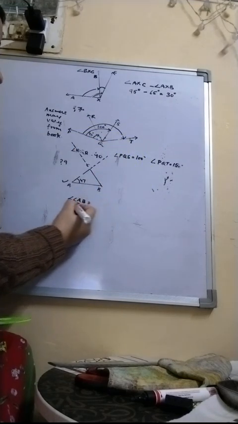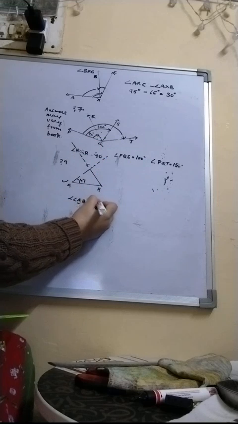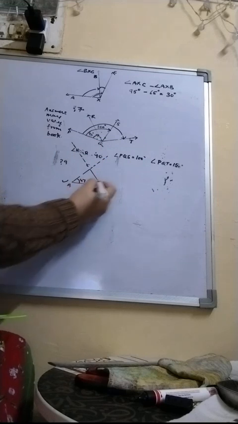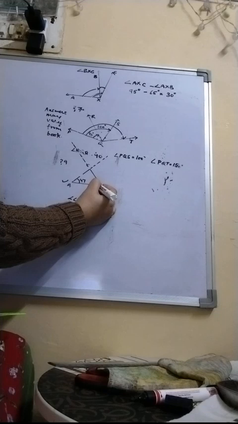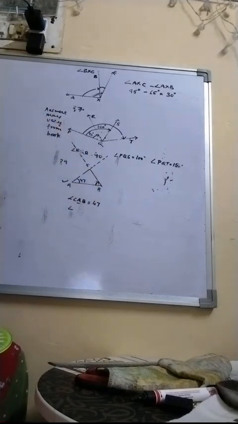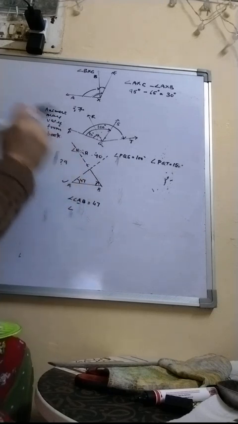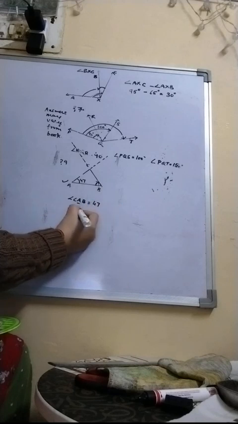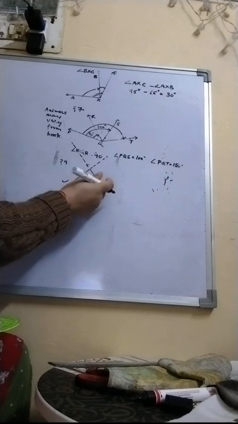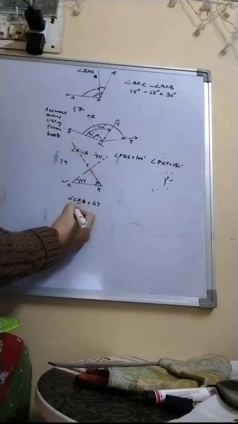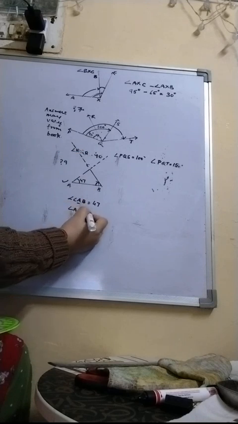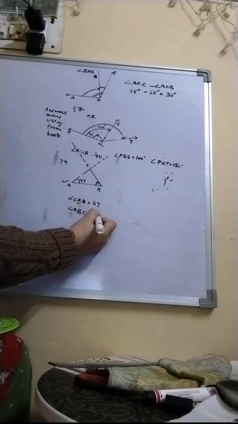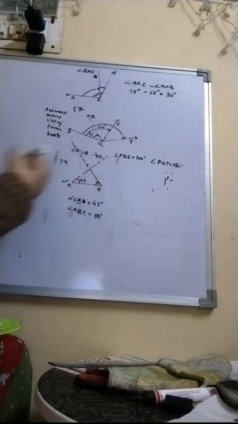So angle CAB is 47. Now what will be the name of this angle? Do write in the comment box if you are able to name it. How would you name it? This B is the vertex, so I would write B in the middle, and the other two endpoints are A and C. So ABC is 50 degrees.